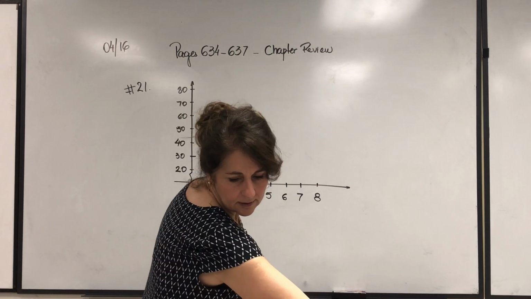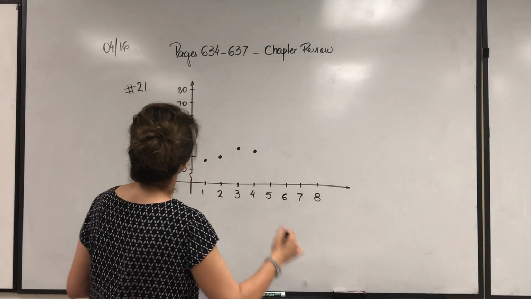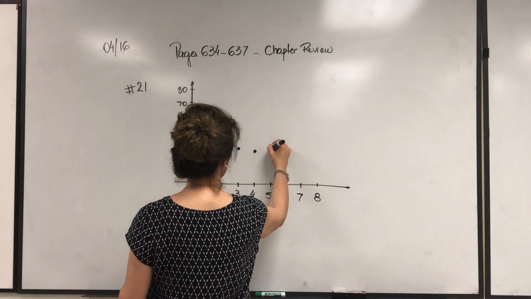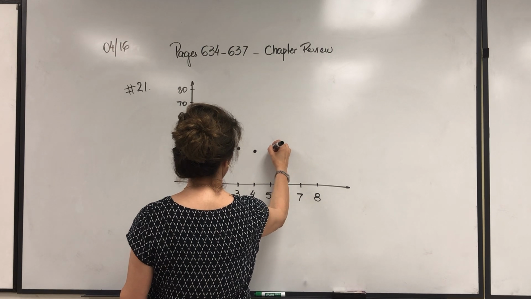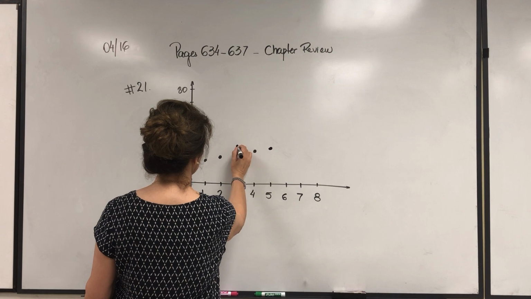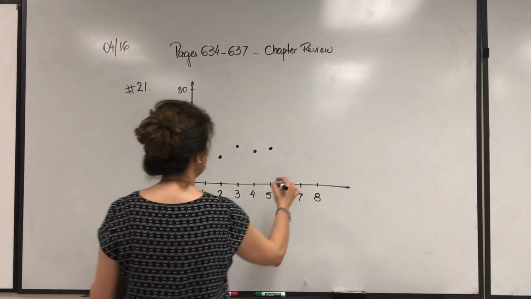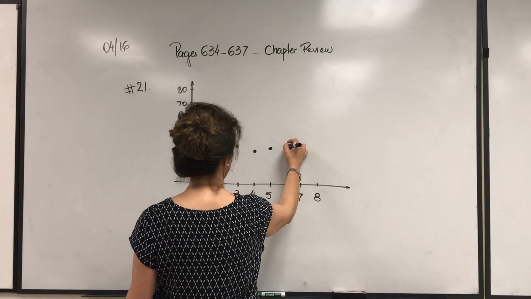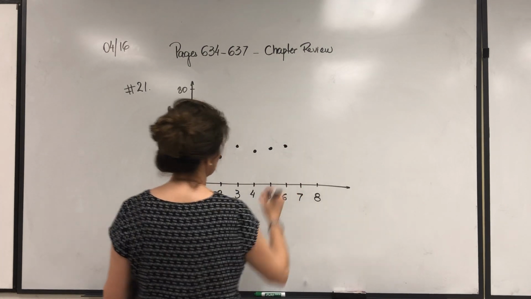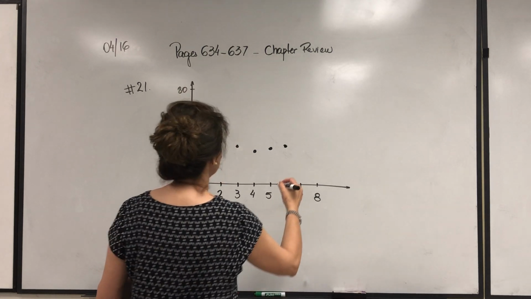For 5, 36. Just barely here. And then for 6, 39. Wow, everything below 40. And then for 7, 40.